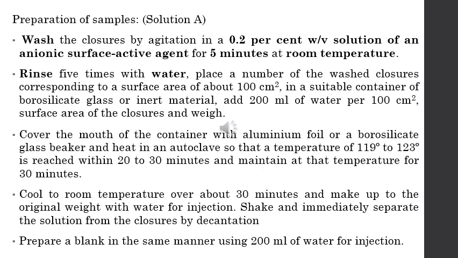The rubber closures are separated, and the solution is taken for further analysis. In a similar manner, we can prepare a blank by using 200 ml of water for injection.